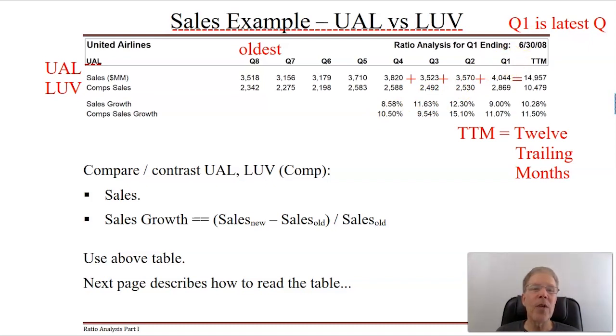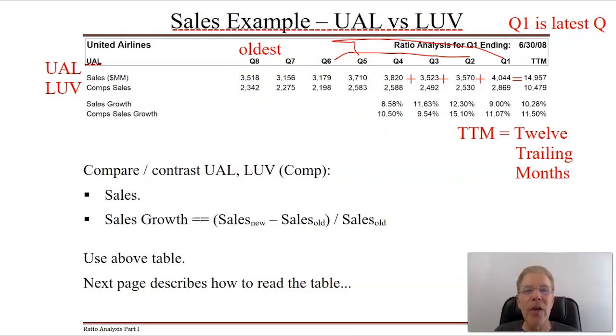I've got to compare my Q1 here to my Q5 back here, and I've got to compare my Q2 to my Q6, etc. Because these companies are seasonal, I can't compare a quarter's sales to the prior quarter. I've got to go back to the prior year's sales. So that's why I can only have 4 of these, because by the time I get to Q4, I'm comparing with Q8, and beyond that, I've got nothing to compare with.